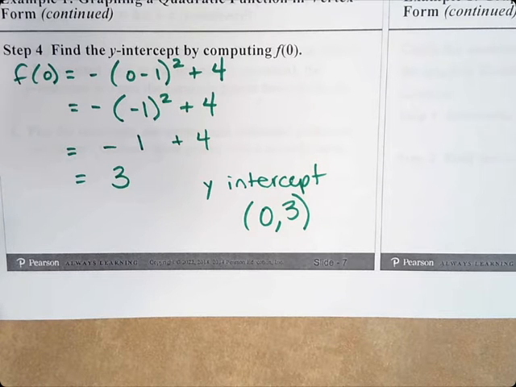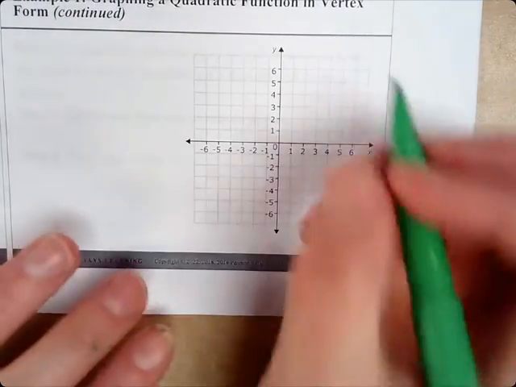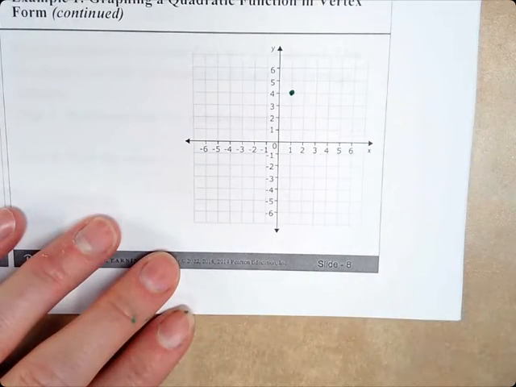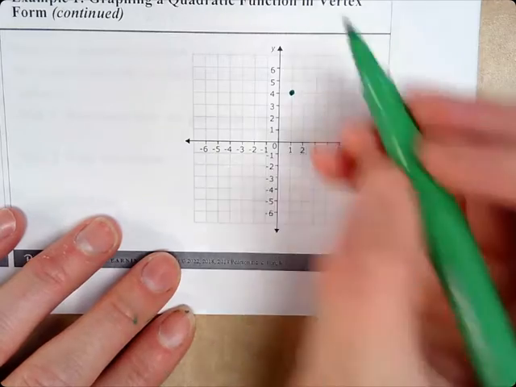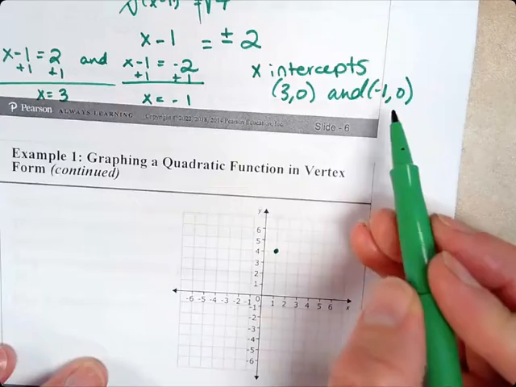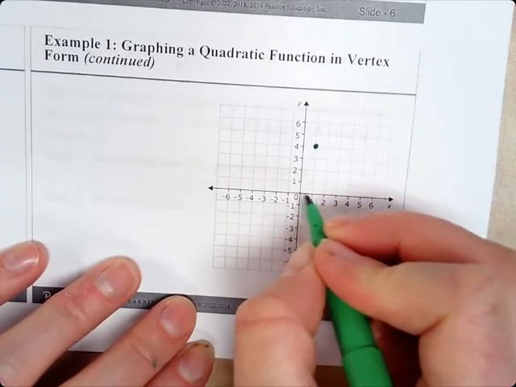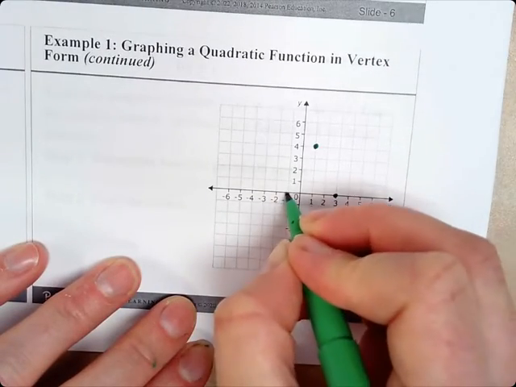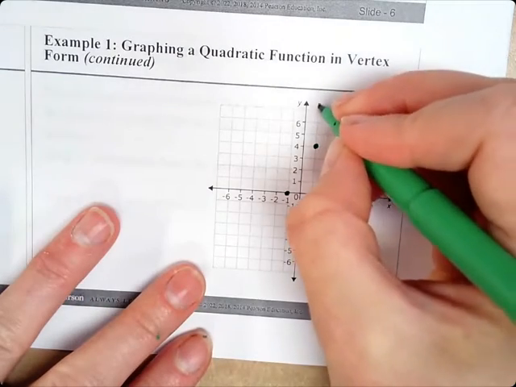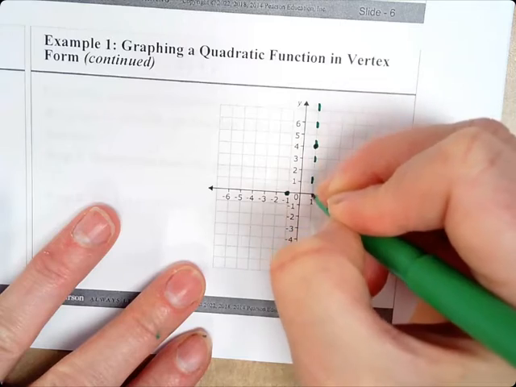Okay, so now we will graph it by using the information that we found. The vertex will be what we graph first, that 1, 4. So over 1, up 4, that's our vertex. And then we have the x-intercepts, 3, 0, and negative 1, 0. Remember that axis of symmetry is right down the vertex.